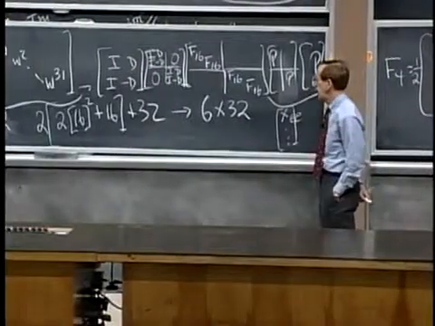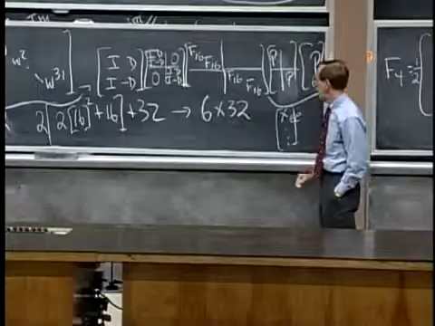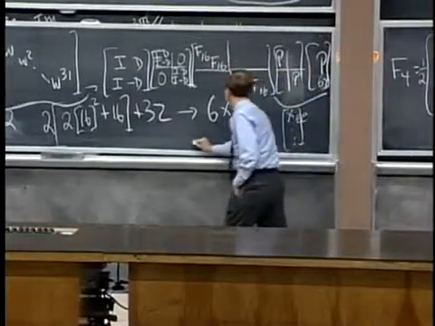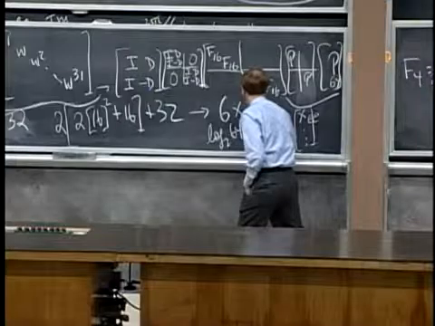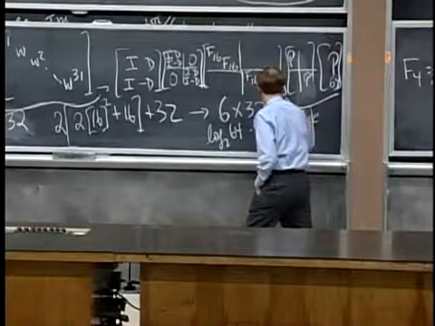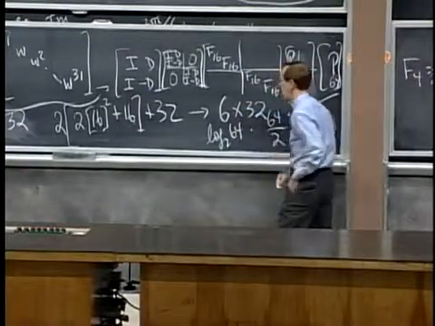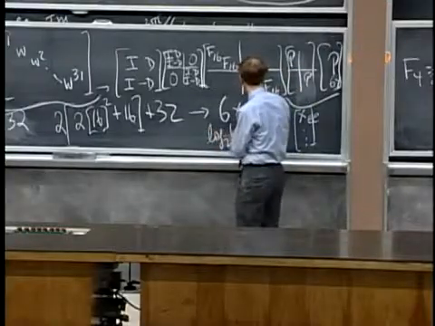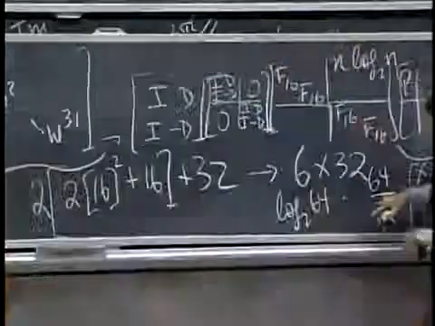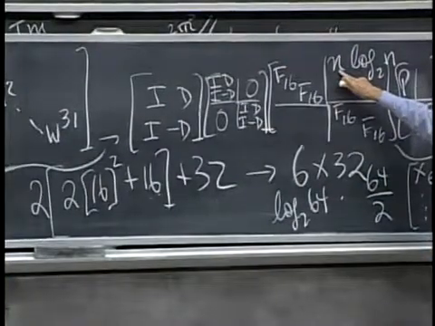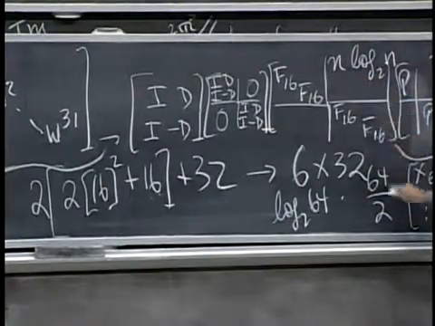Finally, I get to 6 times the 32. That's my final count. Instead of 64 squared, this is log to the base 2 of 64 times 64. Actually, half of 64. So actually, the final count is n log to the base 2 of n. That's the 32, a half.